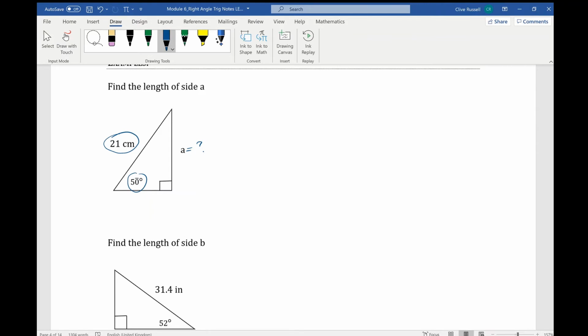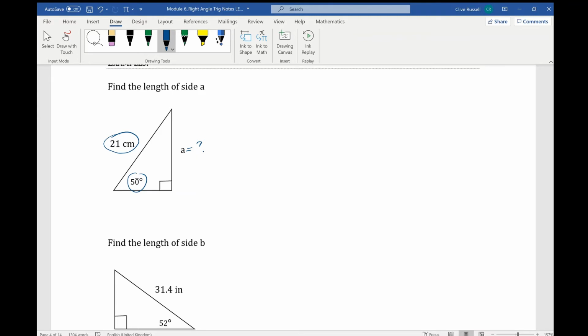No. Remember that our toolbox so far involves the sum angle theorem, which says that the sum of all three angles is 180 degrees, but in a right triangle, since one of the angles is already 90, then the other 2 angles add up to 90 degrees. So we can't use that here because we want to find a side. Right? So you can't use something involving 3 angles.